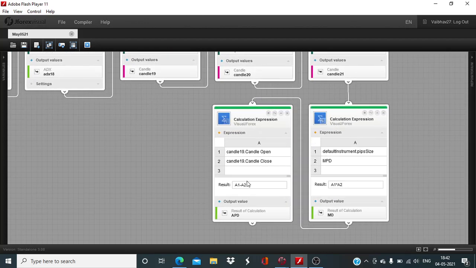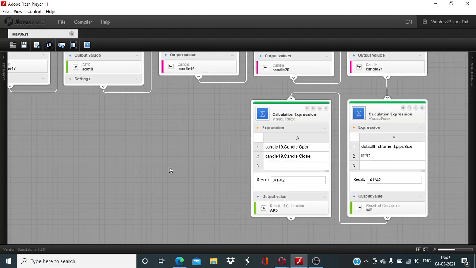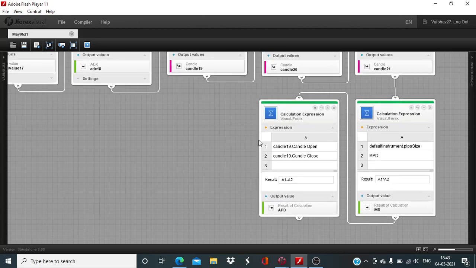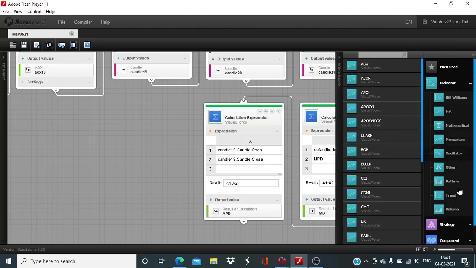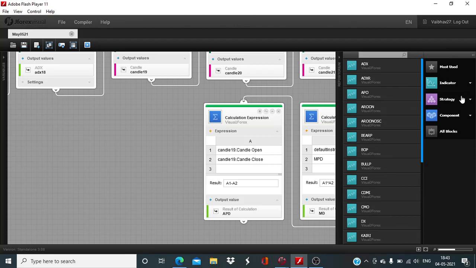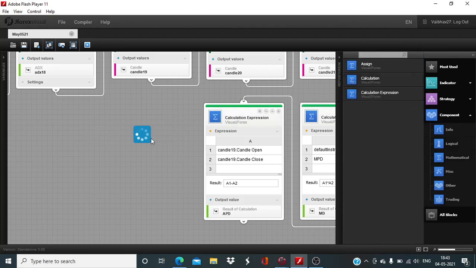and we have already carried out this calculation. Now what we need is to take 25% of this actual price difference, and for that we are going to need mathematical components, calculation expression. Here it is.